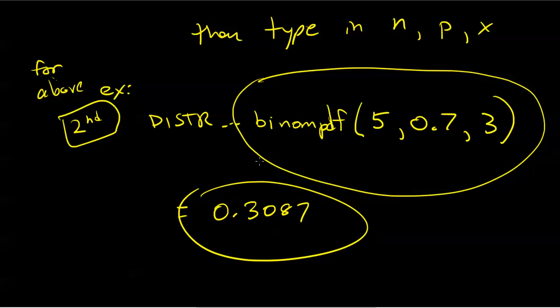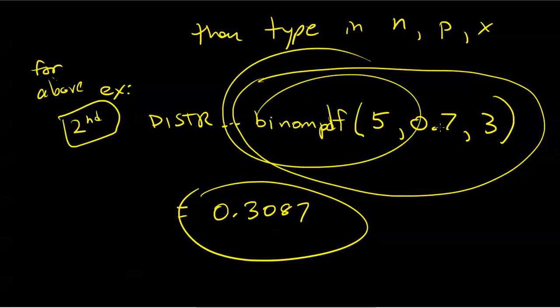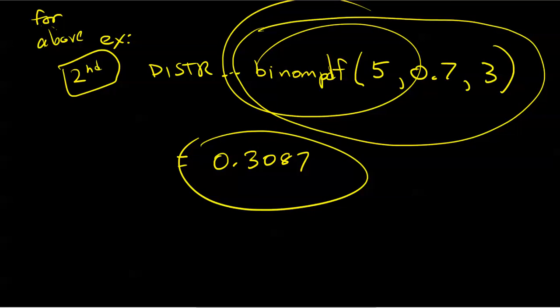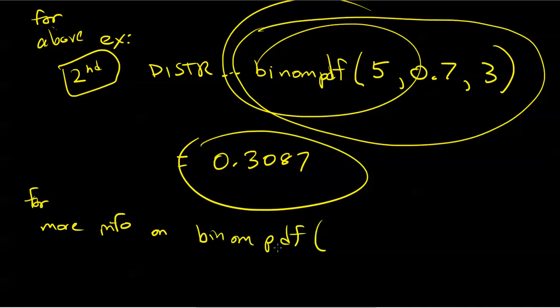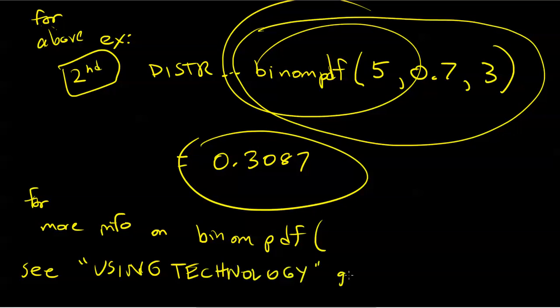Alright, so we're going to be using this command quite a bit, binomial PDF, and it does save us quite a bit of labor regarding pencil and paper calculations. Again, for more info on binomial PDF command, there's a couple of places we can turn. We can see the using technology gray box in our textbook.